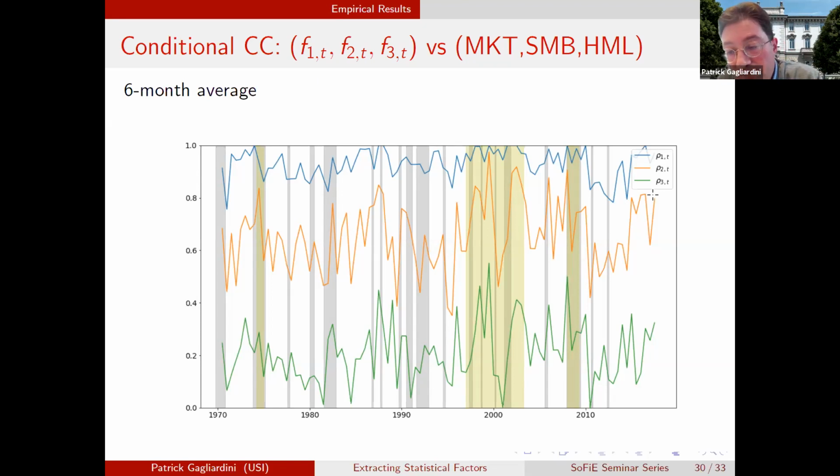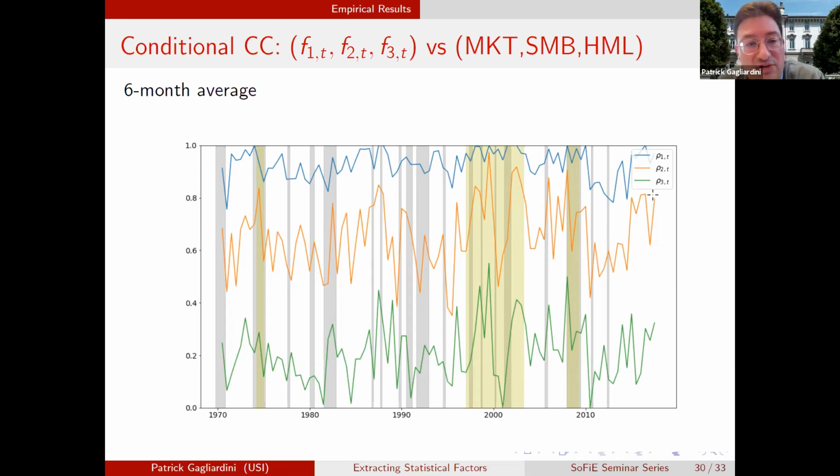So again, this is not yet done, but we could use double machine learning to estimate and to give a confidence interval for the average value of them.